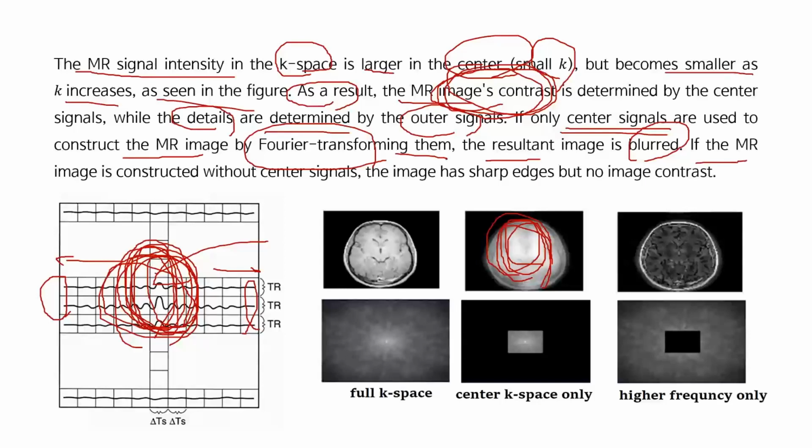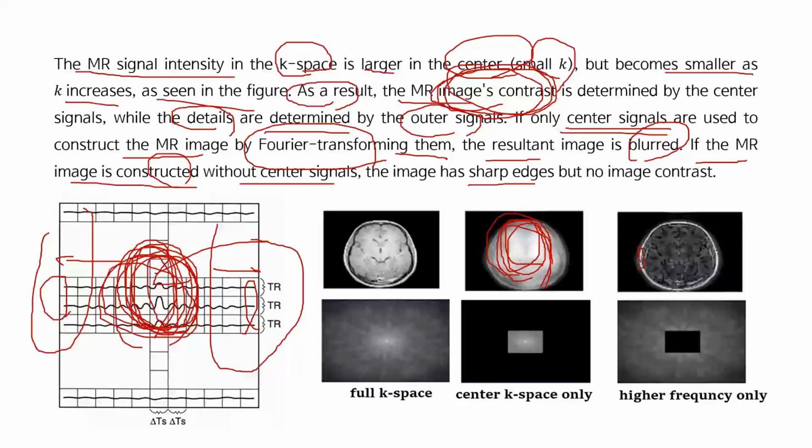If the MR image is constructed without the center signal, so we use the outer signal, then the image has sharp edges. So we have sharp edges, but no image contrast, so not bright, because we use the weak intensity signals to construct the image.